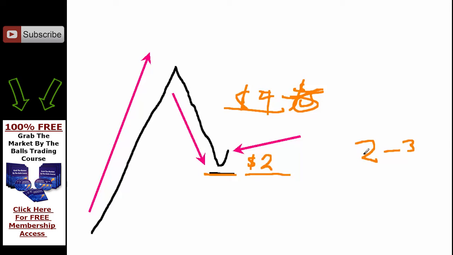The reason I sometimes use 2 to 3 is because sometimes I can really see it's a really good setup, and sometimes I stretch it even more, like with silver. So a 2 to 3, a minimum 2 profit to 1 risk.